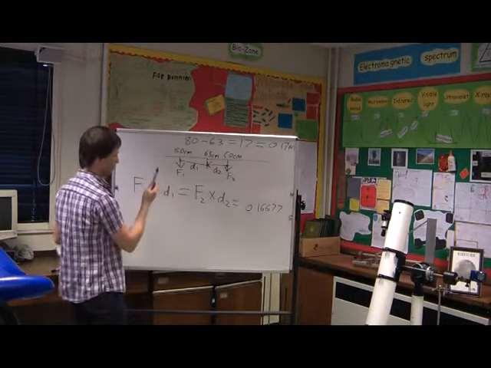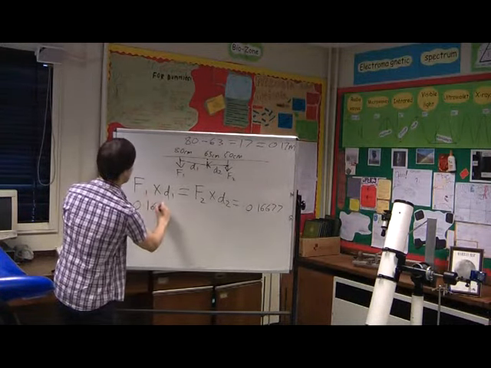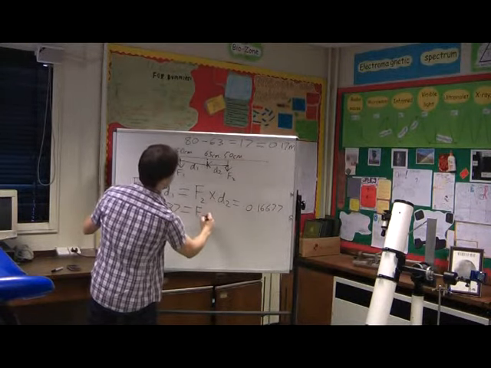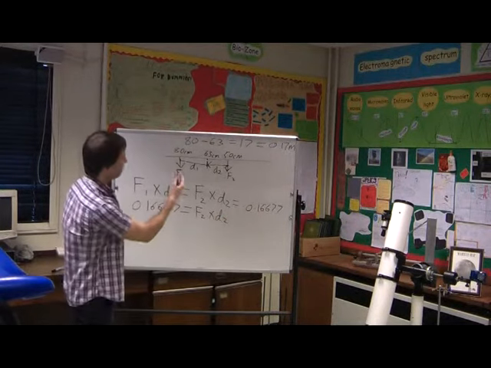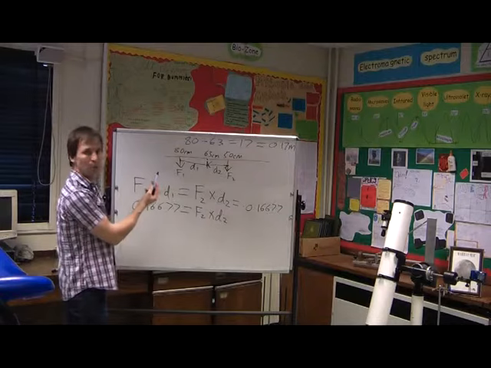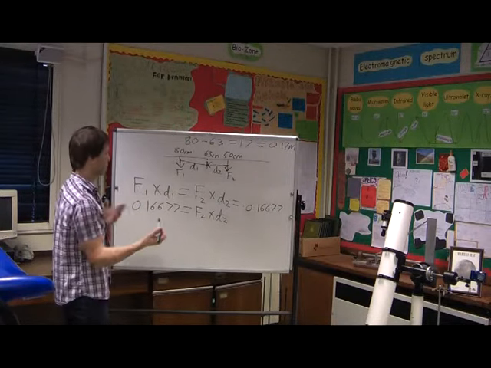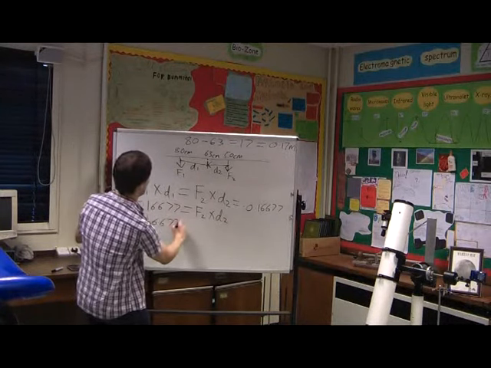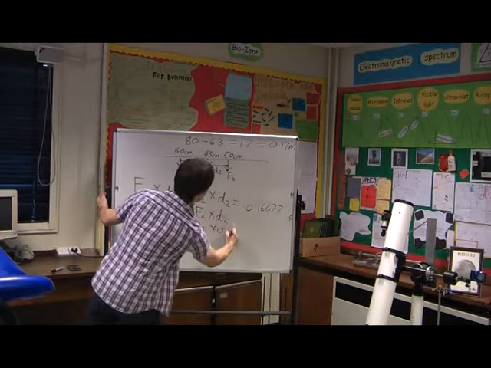Now, we know that all of this must equal 0.16677. So let's write this out. 0.16677 must equal force 2 times distance 2. We have distance 2 from the measurement there: 13 centimetres, 0.13 metres. So 0.16677 equals F2 times 0.13.